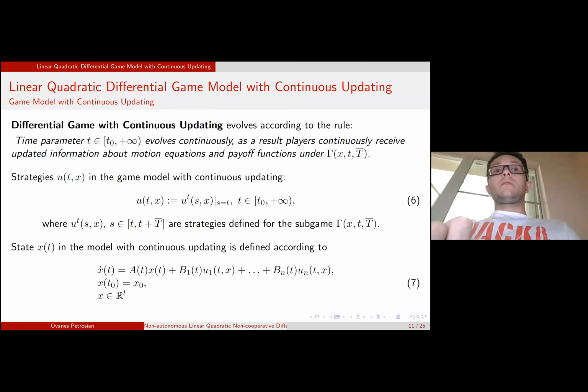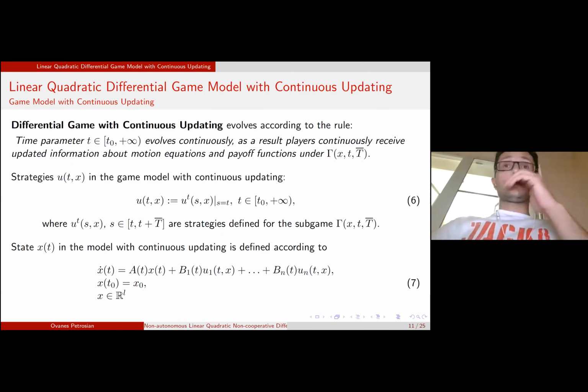Then how to define the trajectory which corresponds to the strategy profile u(t, x)? We simply substitute it into the motion equations 7.